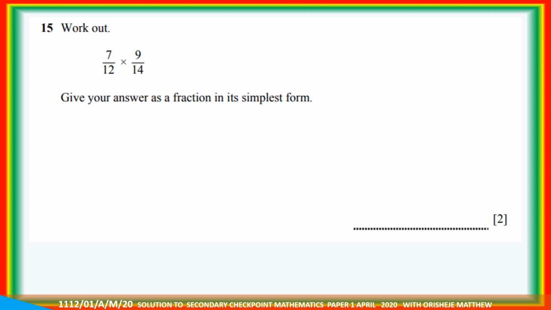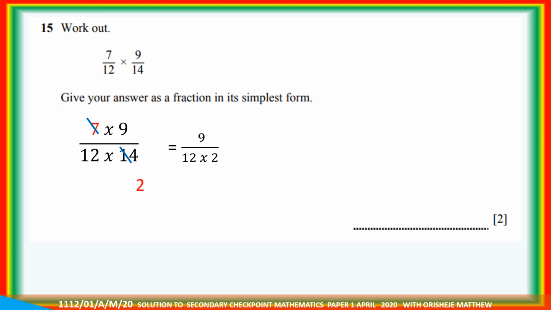Well, you look at this, you have both the numerator and denominator. You can see what number can divide both the numerator and denominator. As you can see, 7 can divide 14, that will give me 2. So now we are left with 9 over 12 times 2. If you look at 9 and 12, they are both multiples of 3.